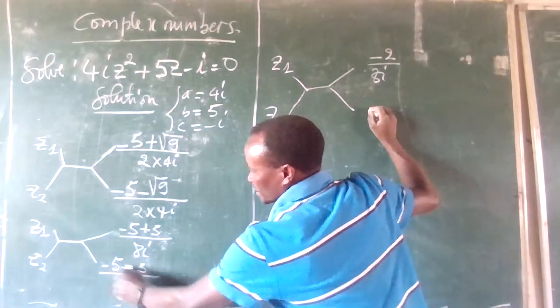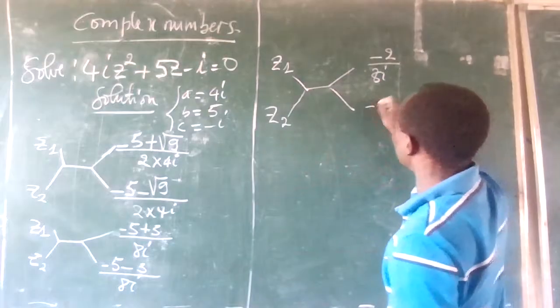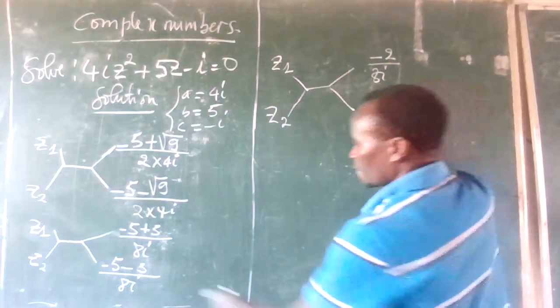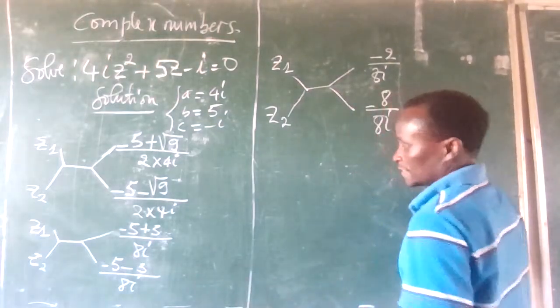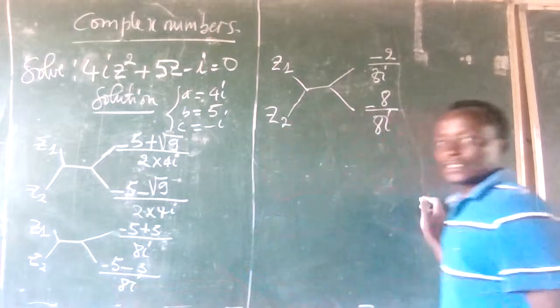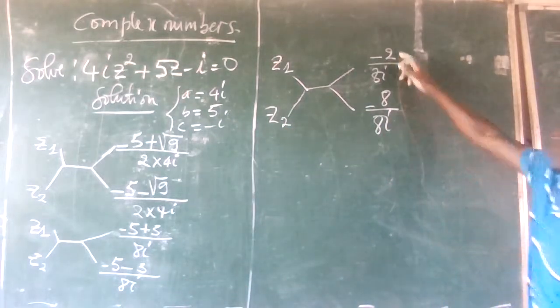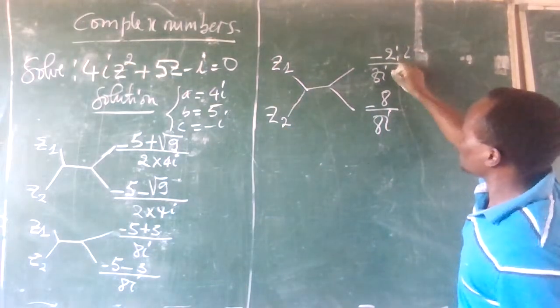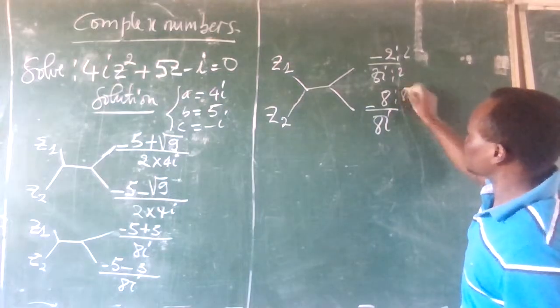Also, the remaining is minus 8 over 8i. Yes? Now we are going to simplify by 2, here by 8.